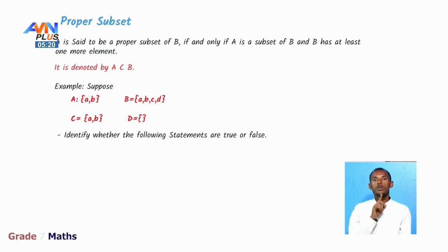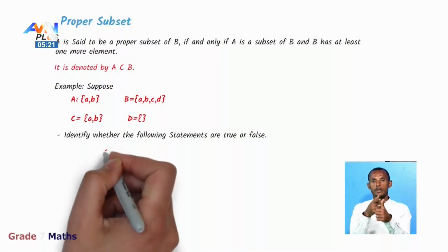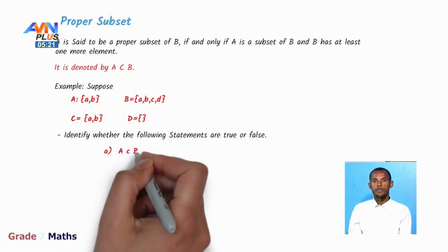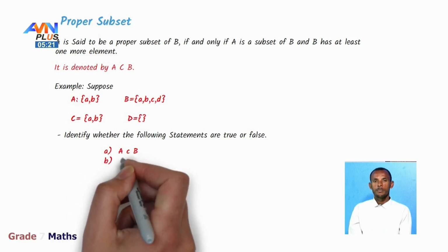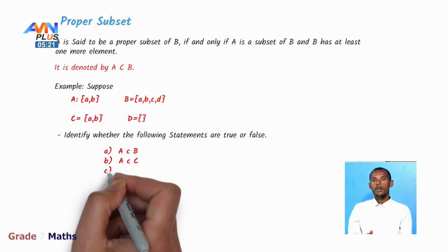The first one, A is a proper subset of B.